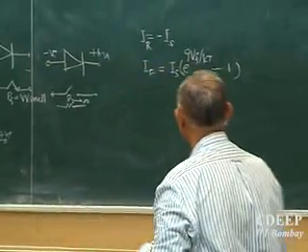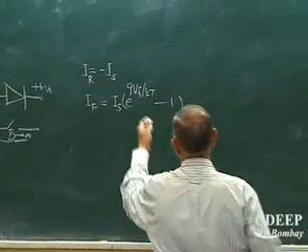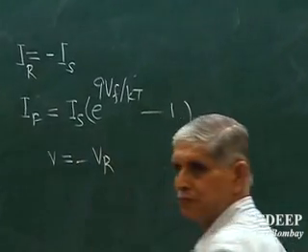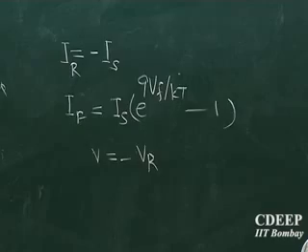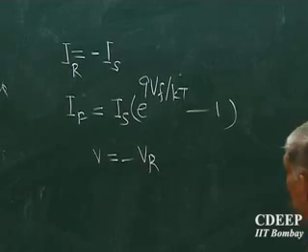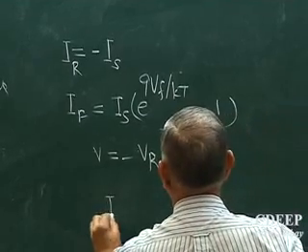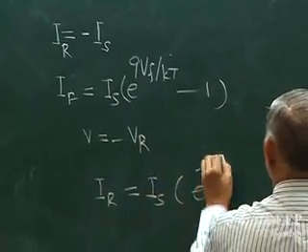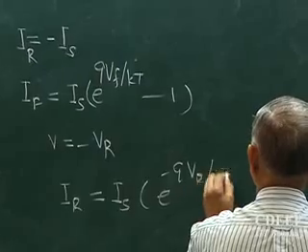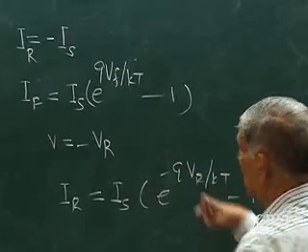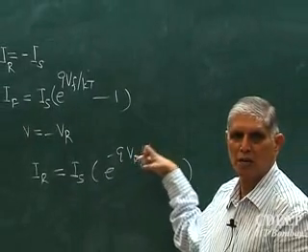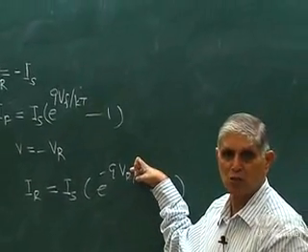That makes it very interesting because if, instead of VF, V is minus VR, that is reverse bias I apply in this equation, then IR will become Is times e to the power minus QVR by kT minus 1. If VR is large enough, e to the power QV by kT will be a very large quantity.